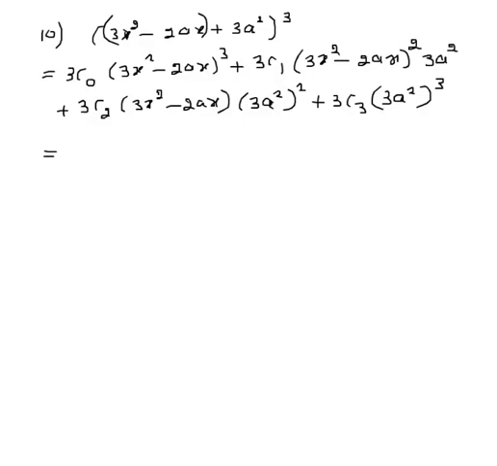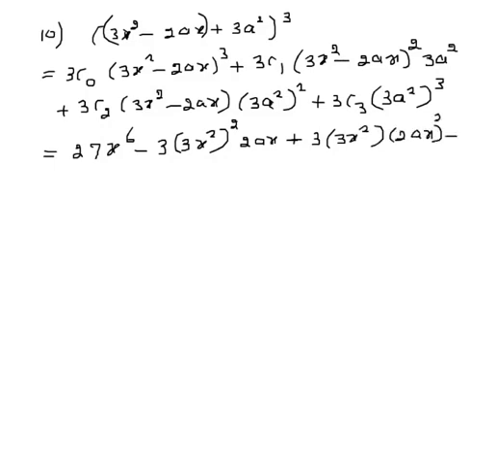a cube, 3 cube is 27 and x raised to 6, minus 3 square of this into 2ax, plus 3x square and 2ax the whole square, minus 2ax the whole cube.